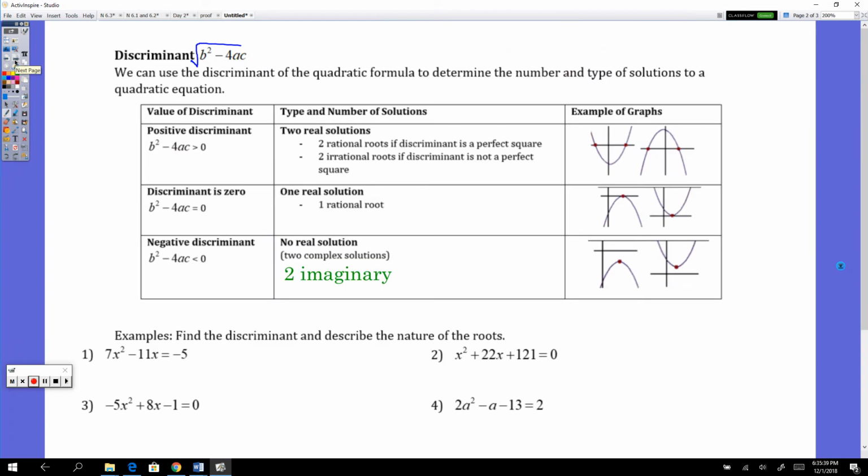So basically things that can happen is we can get positive numbers, negative numbers, or we can get 0. If we have a positive discriminant, that's going to tell us that we are going to have two real solutions, two numerical solutions. If we have a negative discriminant, that means that we're going to have two imaginary solutions.